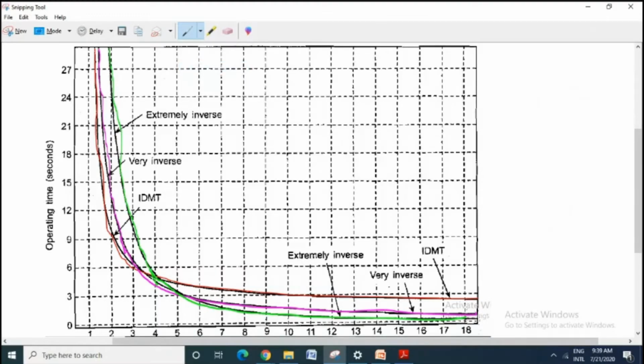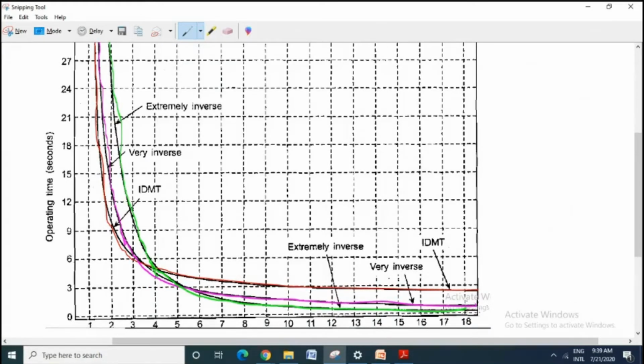Right? So for the first time, we are considering the amount of current equal to 1. So for the amount of current 1, can you see that none of these graphs is going to give the trip command, because this particular point is going towards infinity. Let me take another pen.